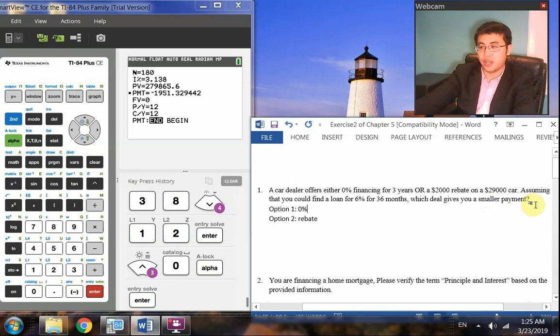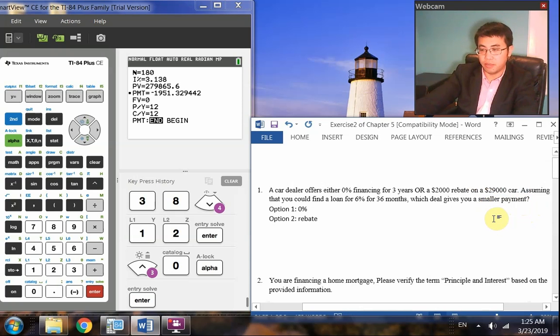So your story here is, no matter what option you choose, you will drive the same car home, selling for a $29,000 price. And then you will pay a monthly payment for that car loan.